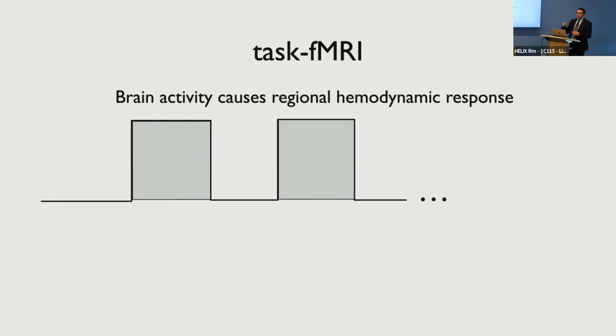If you move your right arm, the motor cortex on the opposite side, the left motor cortex, gets vasodilatation, more blood flow, and more oxygenation, and you can measure that difference using MRI.